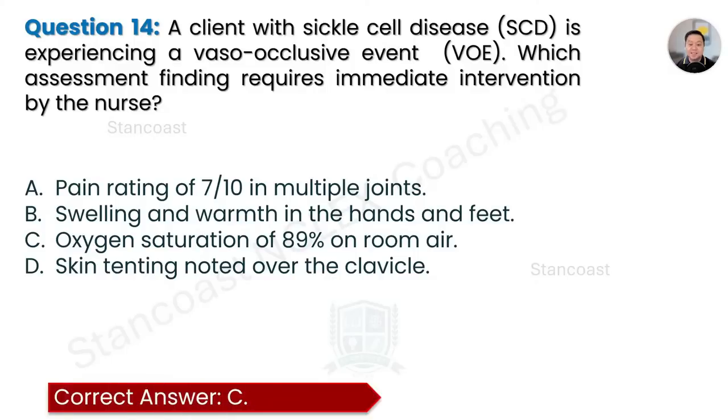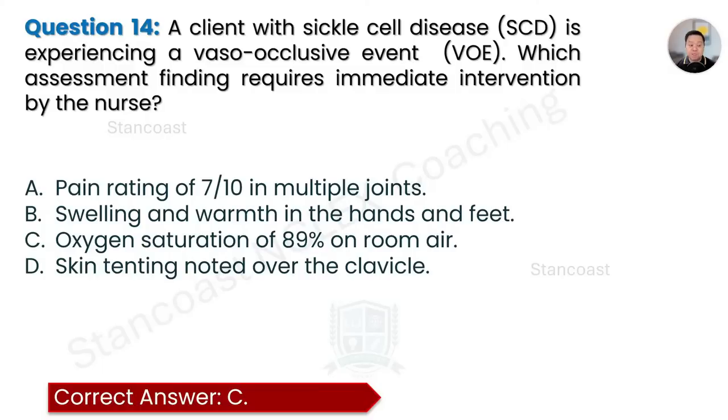The answer is letter C. We know that hypoxia, indicated by the patient's 89% saturation, is a critical finding because it can exacerbate sickling of the red blood cells, and we know that sickled cells can obstruct the blood flow. It can lead to tissue ischemia and also organ damage and worsening of the vaso-occlusive crisis.